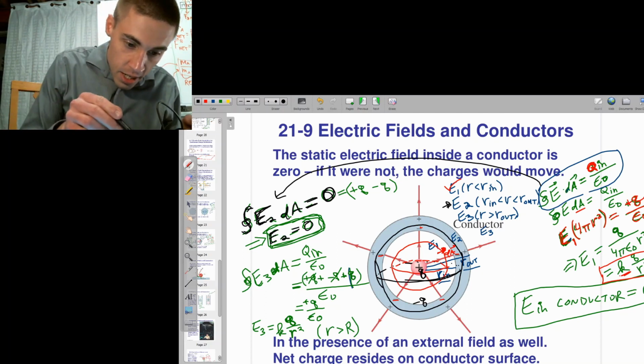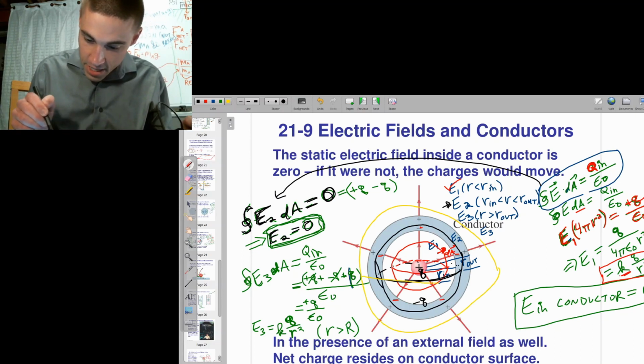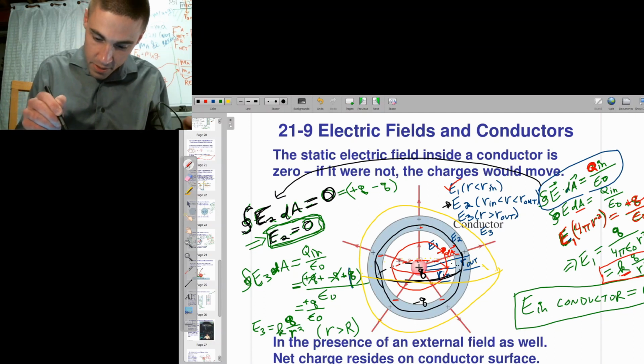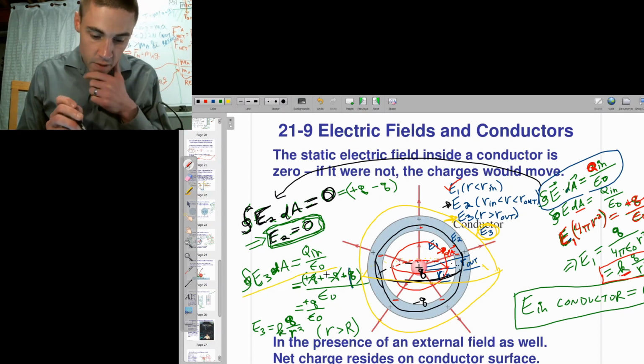For E3, I will draw the surface in yellow. Of course, it has to be symmetric, but I can't draw very well, so it's not going to look that symmetric. E3 will use yellow for that. Here, the integral of E3 dA is Q enclosed over epsilon naught.